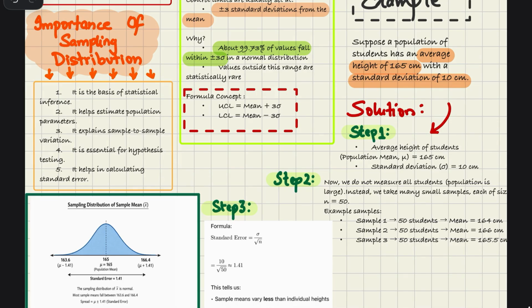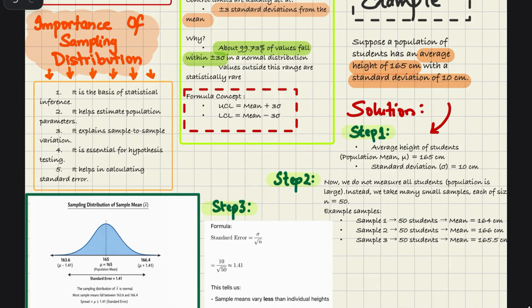Suppose the population of students has an average height of 156 centimeters with a standard deviation of 10 centimeters. All right, so the population mean is 156 and the standard deviation is 10 centimeters.